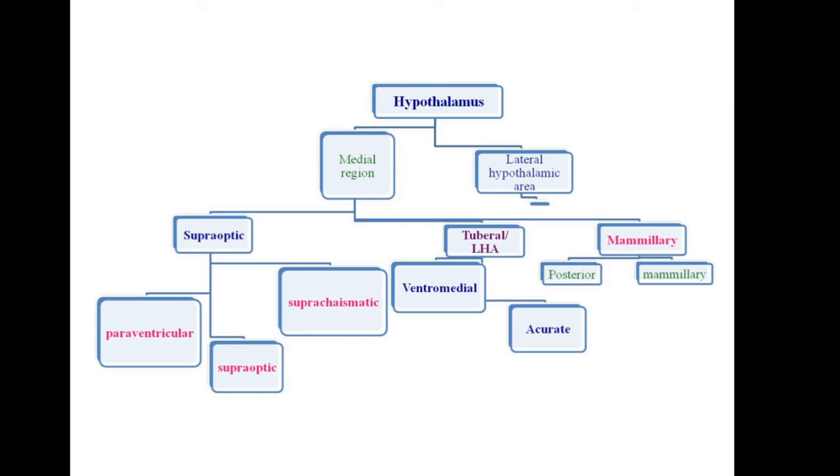And tuberal region is again bifurcated into 2, that is ventromedial and arcuate nuclei. These are the prominent nuclei present in the supraoptic, and ventromedial and arcuate are the prominent nuclei present in tuberal region, and mammillary region is having 2 prominent nuclei. One is posterior and another one is mammillary. Okay.